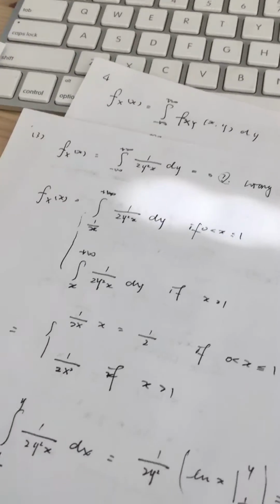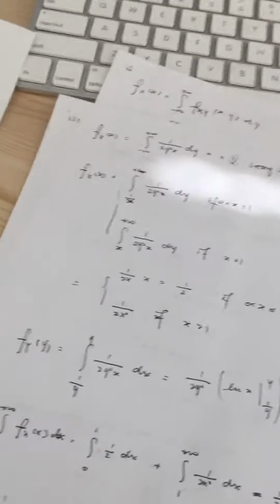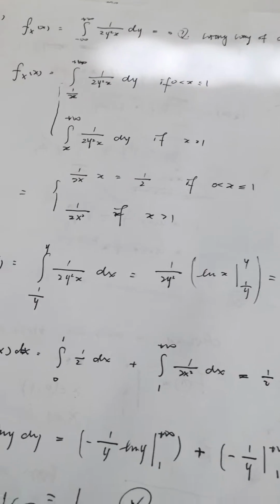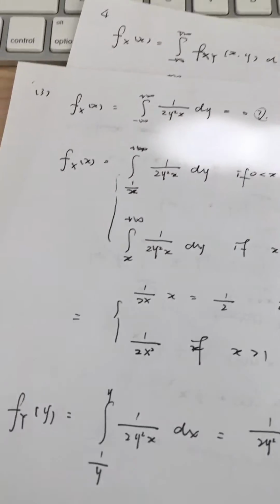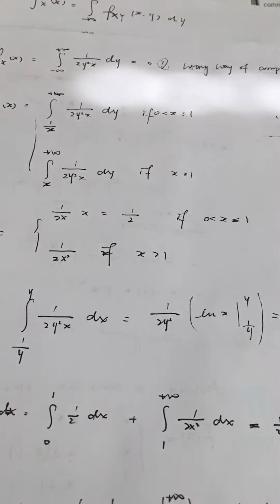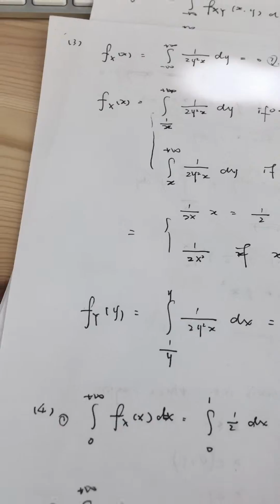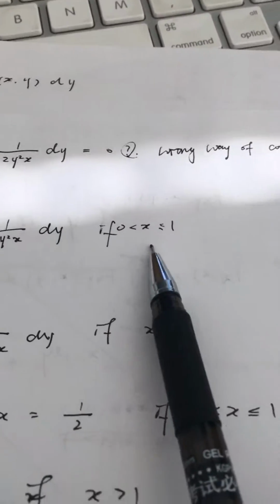First, I started by integrating from minus infinity to infinity over y, and that gives 0, which is wrong because y is not actually going from minus infinity to infinity. So we change this interval.